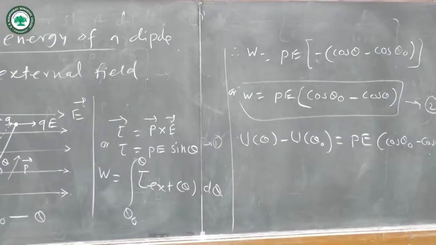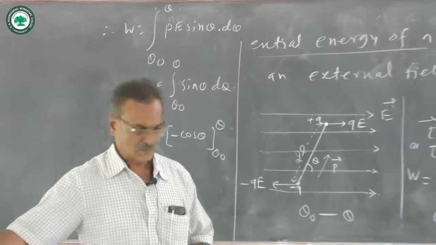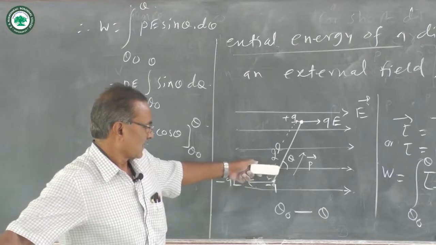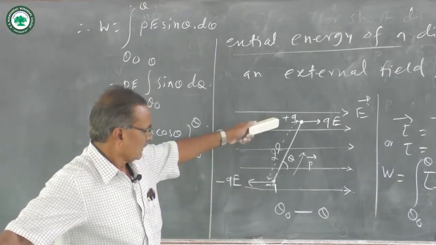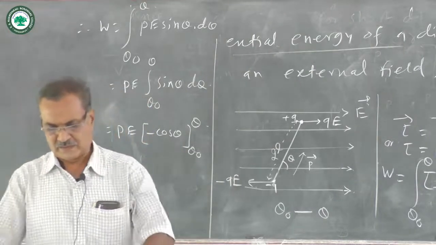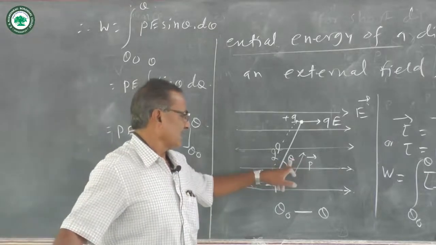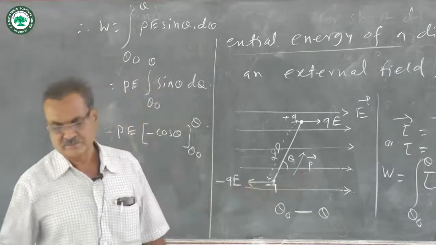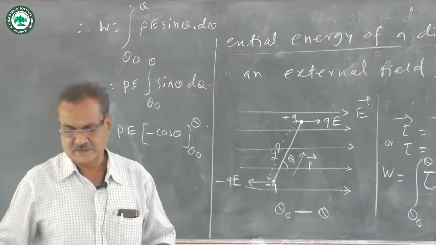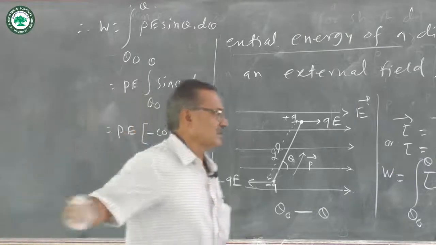Initially the dipole is kept perpendicular to the electric field, that is the angle between the dipole and the electric field is pi by 2, or 90 degrees, and the potential energy is 0, that is U of theta 0 is 0.